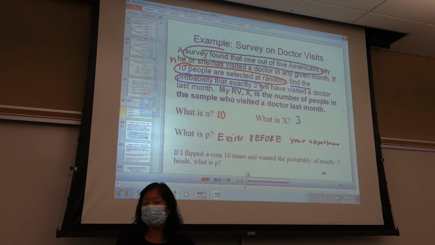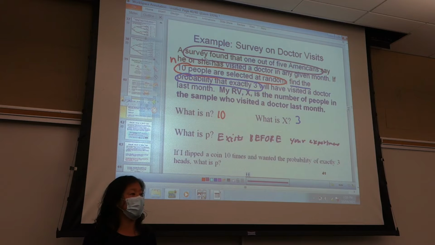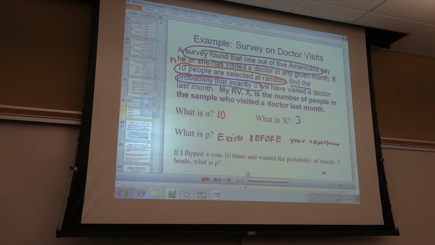Because every little p is 50% no matter what. Is everybody with me on this part? So little p is already out there in the world. It's kind of the universal probability out there. It has nothing to do with your little experiment. So that's the 1 out of 5. Everybody feeling all right with that?